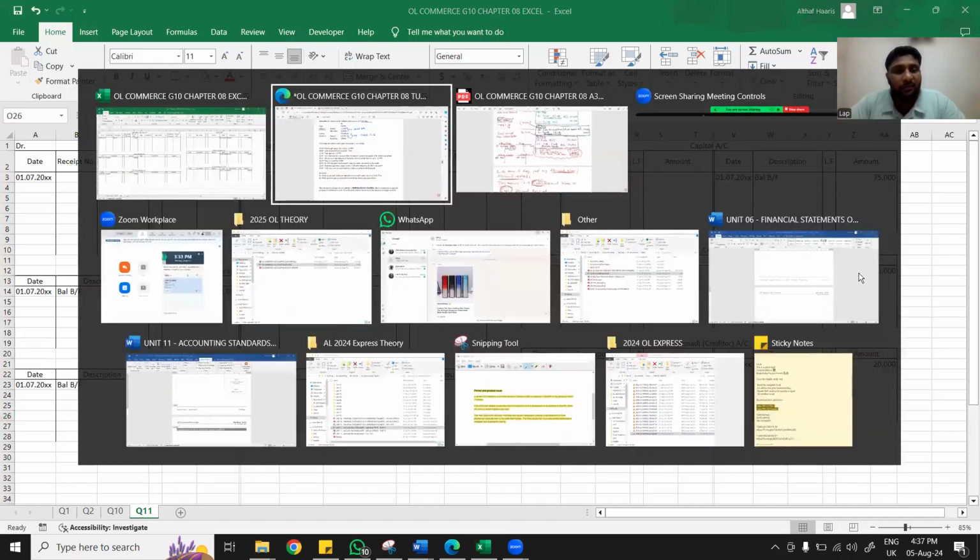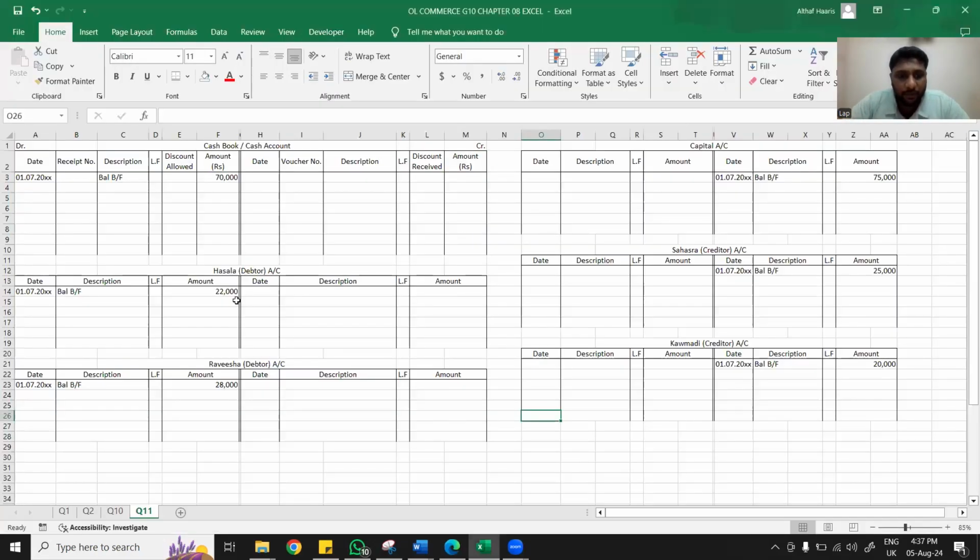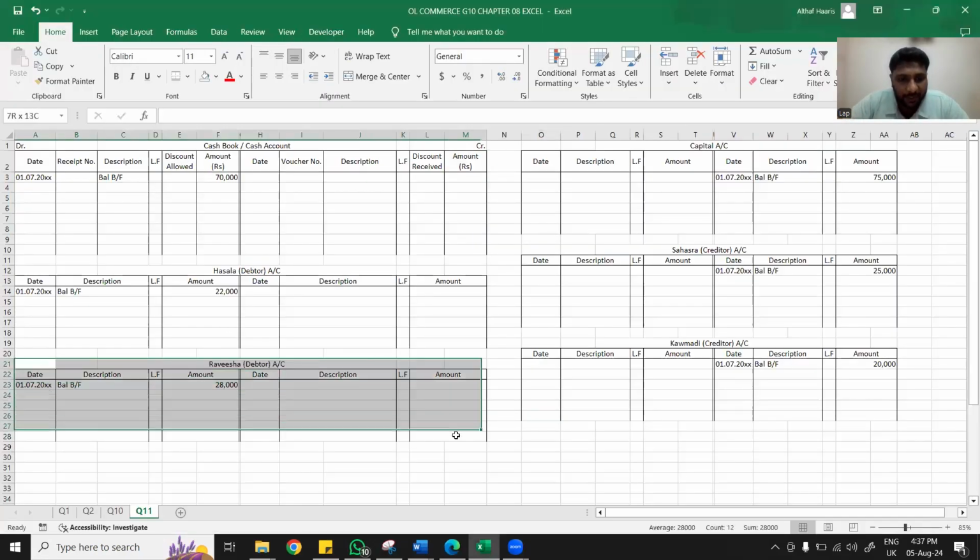Okay, so let's move to the first transaction. 3rd July 20XX, bought goods for cash 28,000. If you purchase goods, if you purchase inventory, we have to record it in the purchase account. Debit the purchase account, credit the cash account because your cash is going out. So we have to draw another account for the purchase.